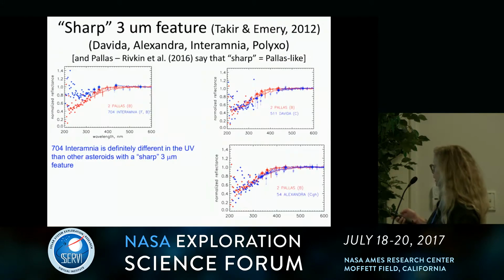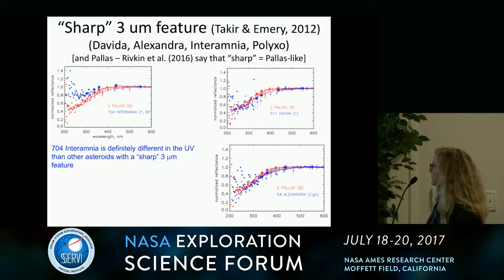We can also look at those bodies that have what's called the sharp 3-micron feature. And I'm not showing you Polyxo. I'm not sure about the quality of those data in the IUE, but we have Davida, Alexandra, and Interamnia. And Rivkin also says that Pallas is one of these sharp 3-micron features. So here we're comparing with Pallas.